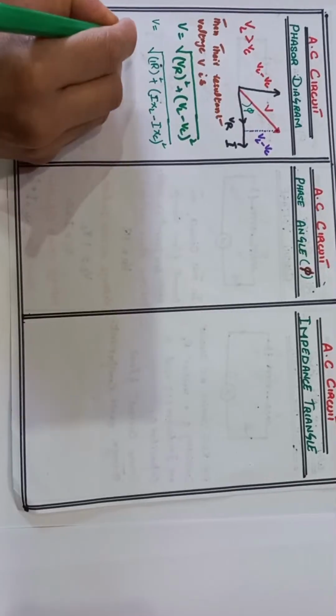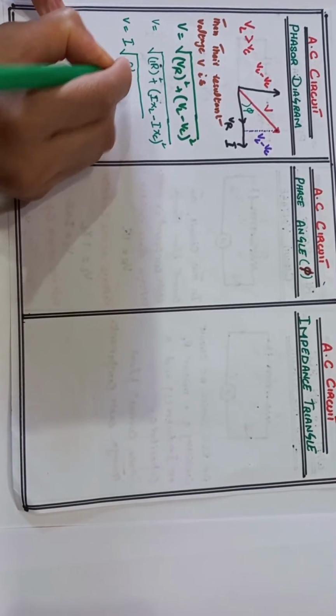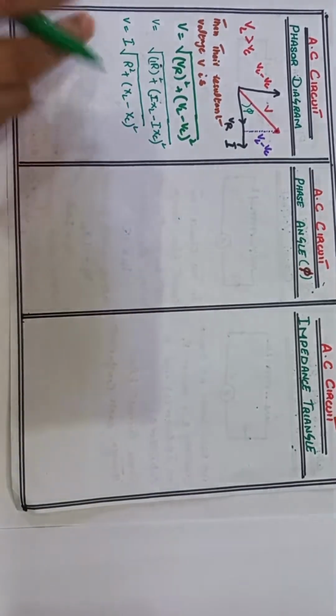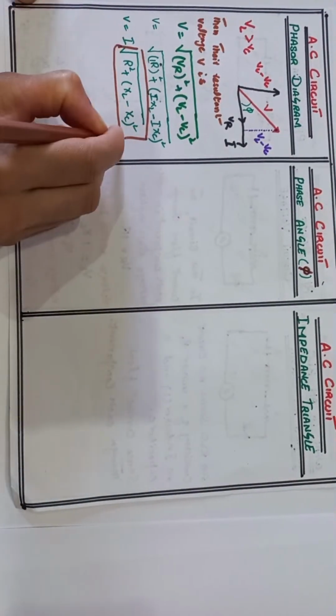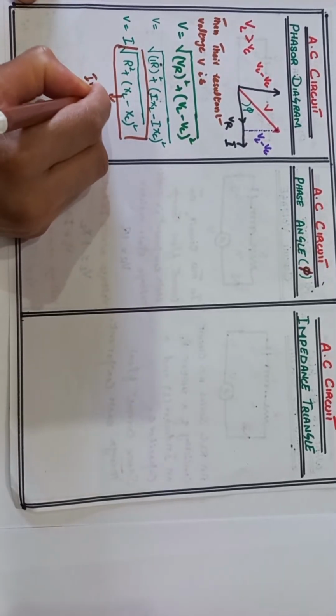So here we can write I times the square root of R squared plus (XL minus XC) whole squared. This factor shows the impedance of the circuit. What is the impedance?